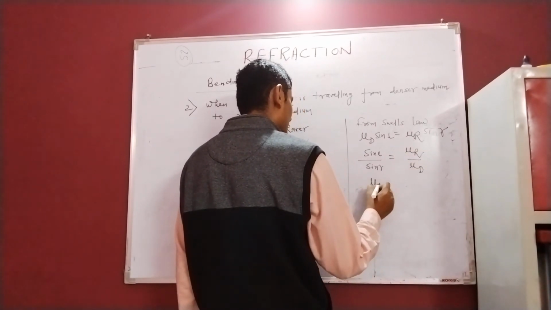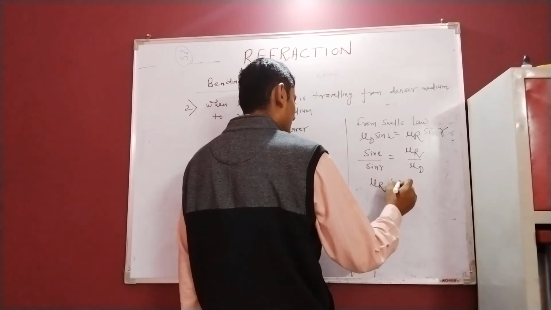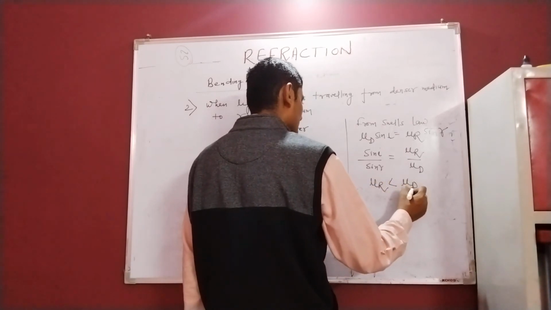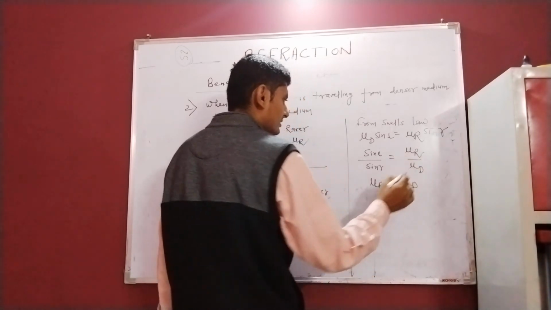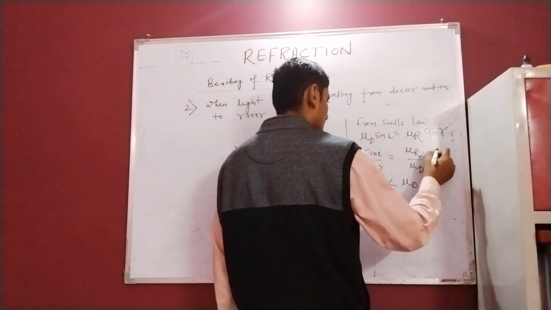And we know that the refractive index of the rarer medium is lesser than that of the denser medium. So the denominator is greater than the numerator, and of course the fraction comes out less than 1.